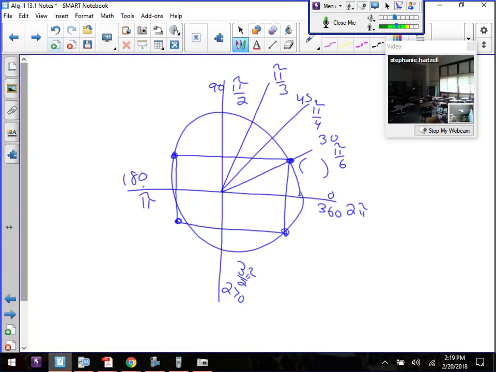When you're talking about x and y in terms of the quadrants, what's positive and what's negative in the first quadrant? They're both positive. What's positive and negative in the second quadrant? Negative, positive.